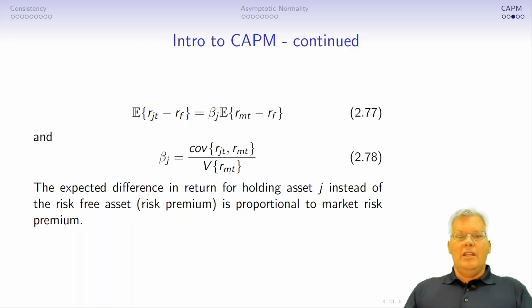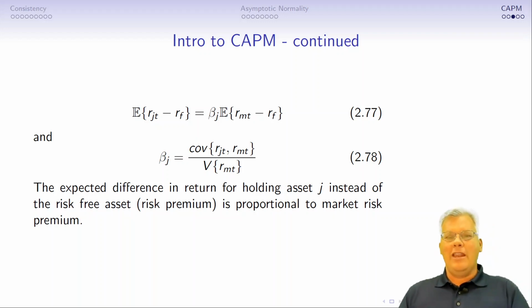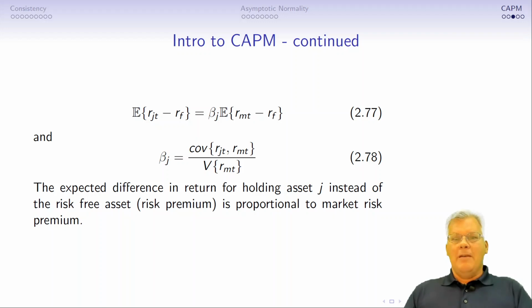So what 2.77, which is CAPM, is telling us, if we start on the far right-hand side, R sub M minus R sub F, this says how much higher is your rate of return if you invest in the stock market versus the risk-free asset, which you remember is assumed to be U.S. Treasury bills.